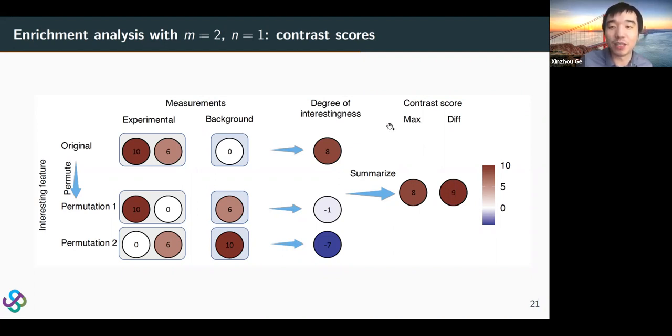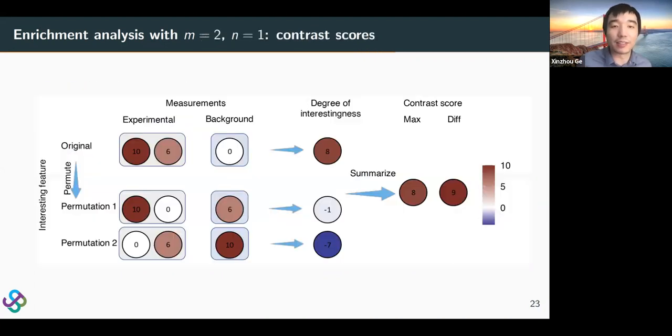The maximum is the maximum of all the degrees of interestingness, and the sign will be positive if it comes from the original, or negative if the maximum comes from the permutations. And the difference contrast score will be the difference between the largest degree of interestingness and the second largest degree of interestingness, which is 8 minus -1, which is 9.